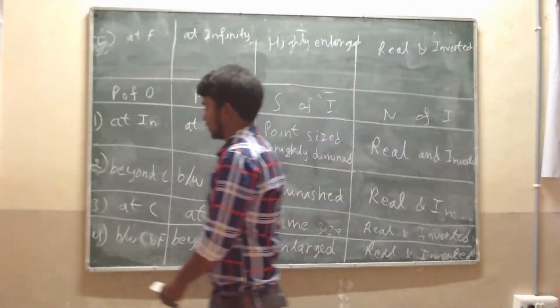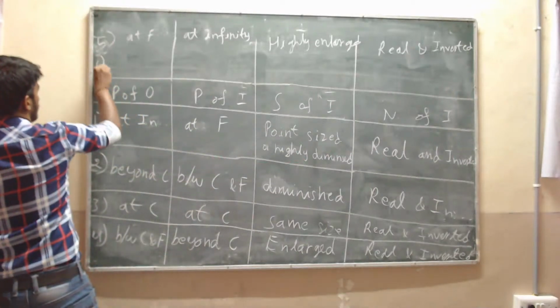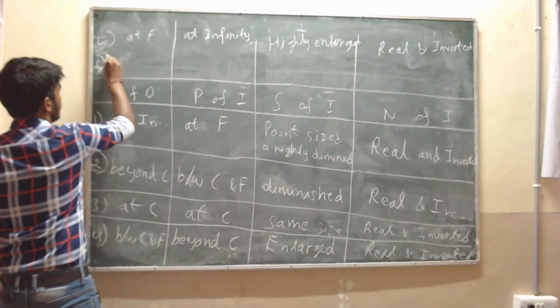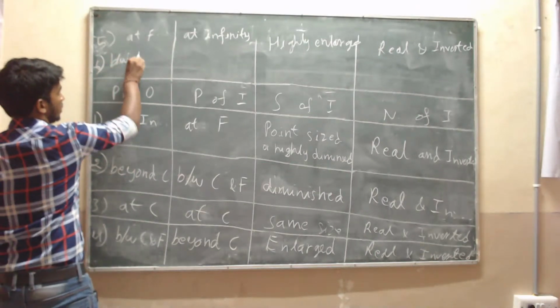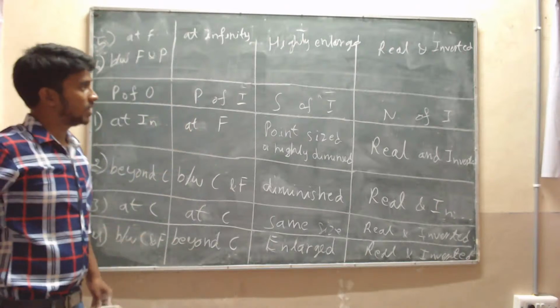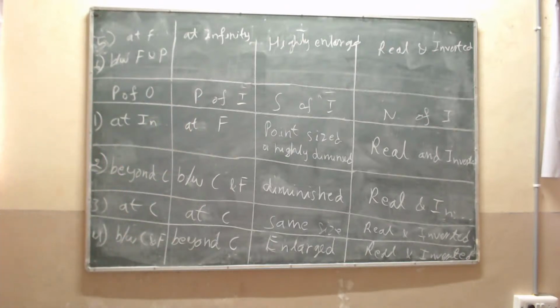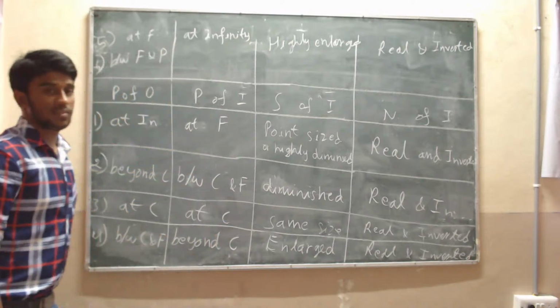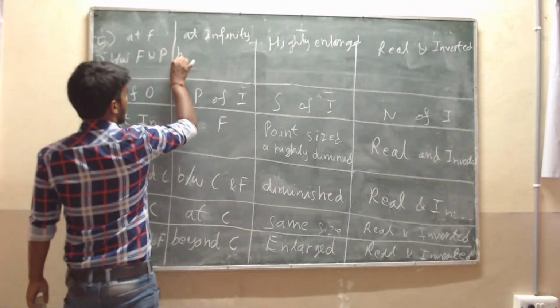Inverted. Next, the last one, we kept the object between principal focus and pole of the mirror. So now what about position of the image? That is behind the mirror.